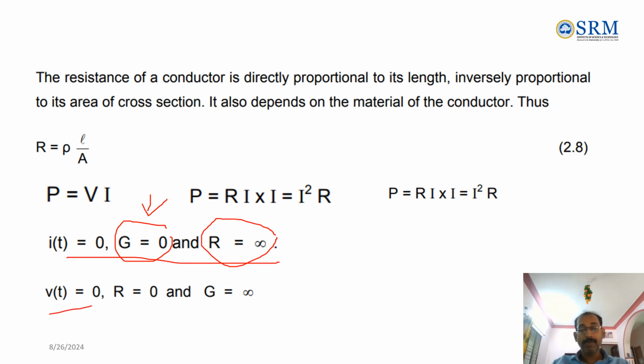In the same way, when the voltage is 0, it means that the resistance is 0, right? And G is equal to infinite. So this is open, and this is short. When voltage is 0, this is short. In the short circuit, R is equal to 0, so conductance will be infinite.